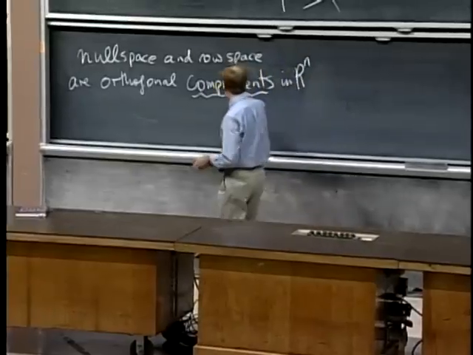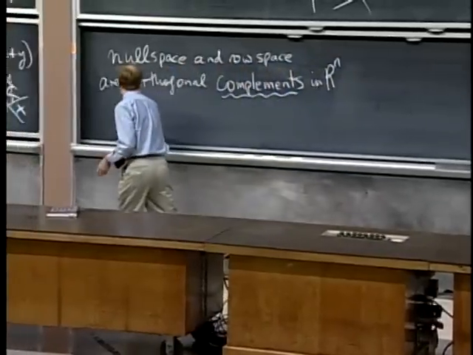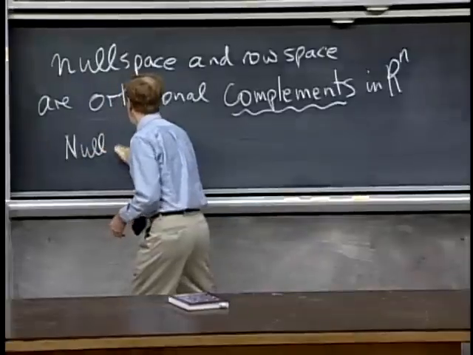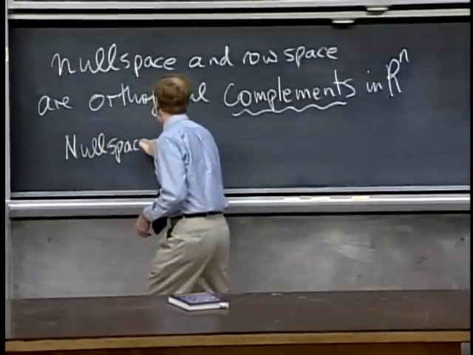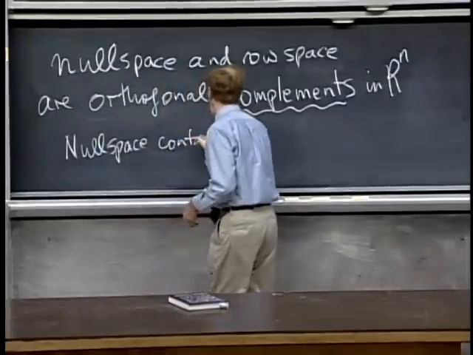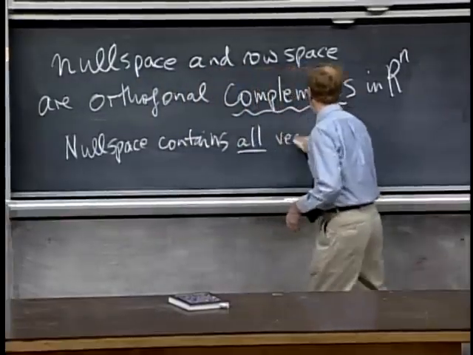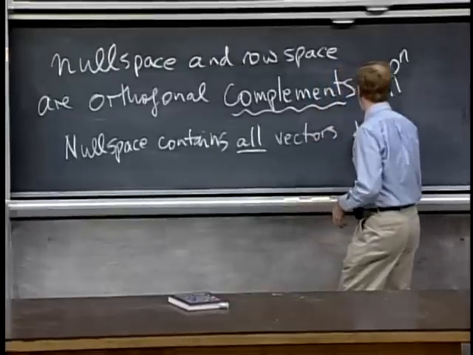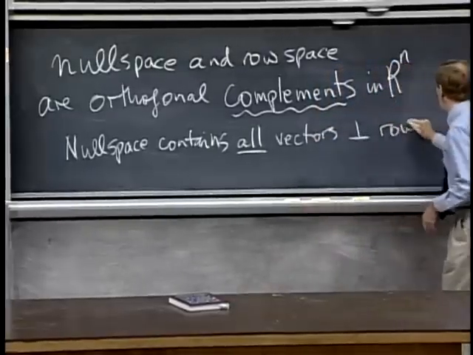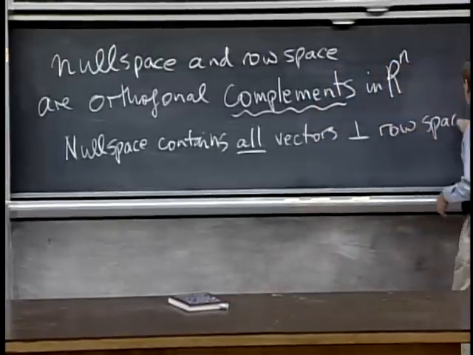So what does that mean? That means that the null space contains all, not just some, but all vectors that are perpendicular to the row space. Okay.